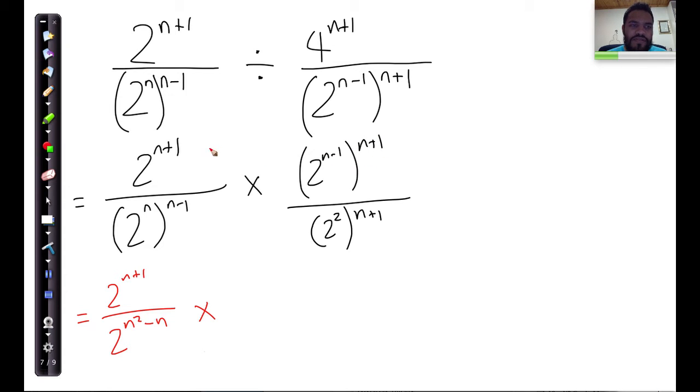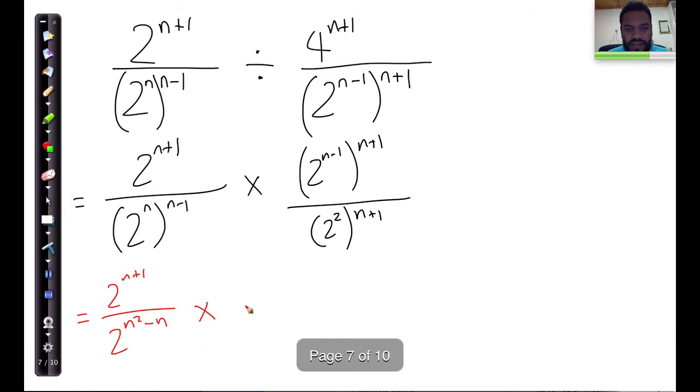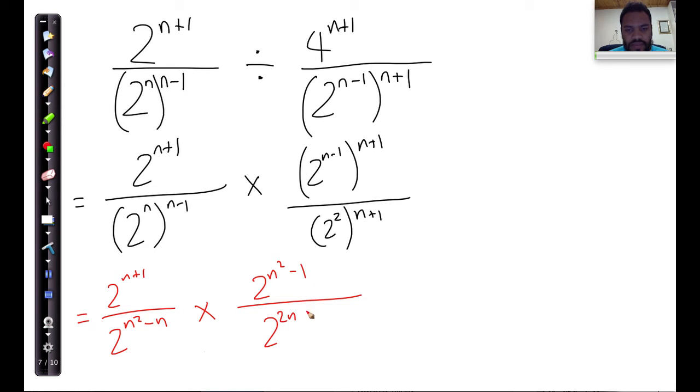And if you've done the previous videos where we see n minus 1 multiplied by n plus 1, this is just a difference of squares, and that's going to give us n squared minus 1. So I'm going to put that in over there. That's 2 to the power of n squared minus 1. And the denominator is going to be, just take the 2 multiplied by n and then multiply it by 1, which is going to give me 2 to the 2n plus 2.